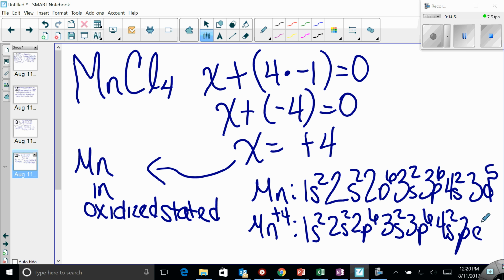Oh, that looks even more bored. Is that a word? 3d1. Okay? And that's how you figure out the charge of a transition metal. You just set it equal to 0. All right. Now, that's how you fill out your data table.